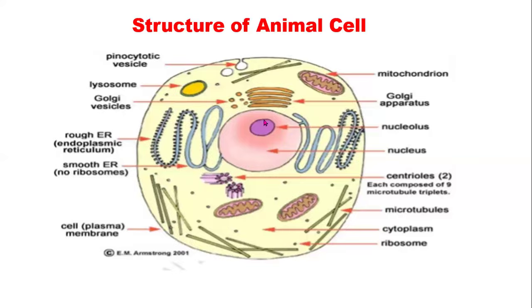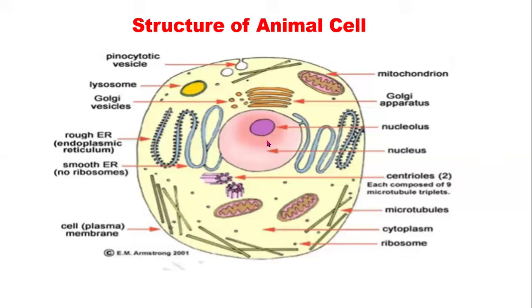The third part of the cell is the nucleus. It also has its own membrane, which is called the nuclear membrane, which prevents movement. It shields the nucleus from the cytoplasmic components.